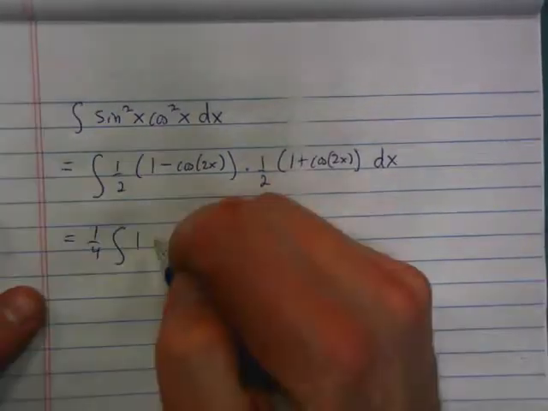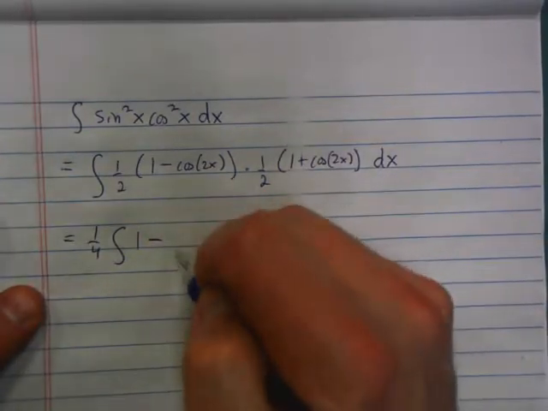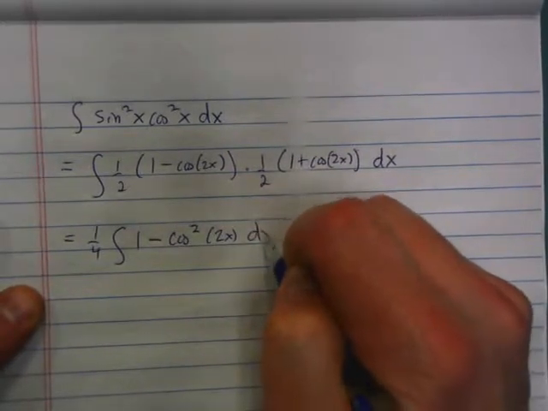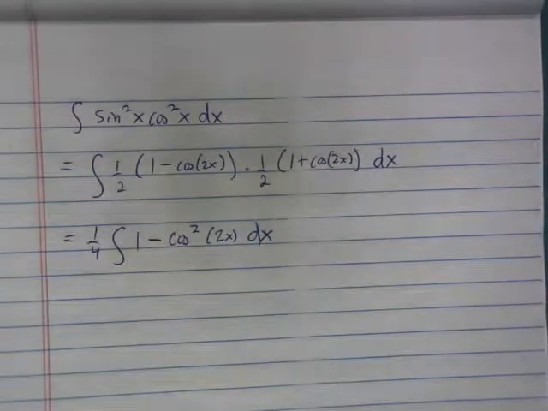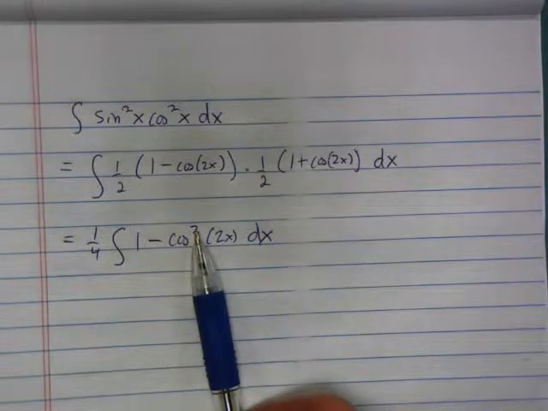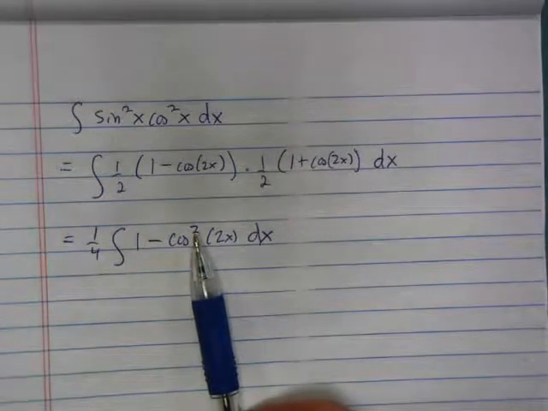So I'm left with minus cosine squared of 2x, which is sine squared of 2x. That's true, but that doesn't help because that's still an even power. I power reduce again. That's exactly right.